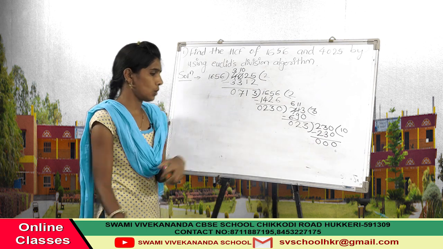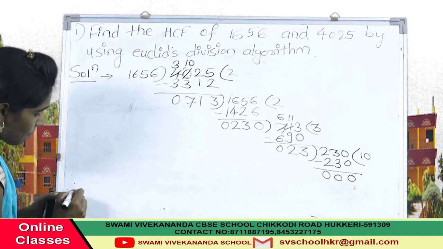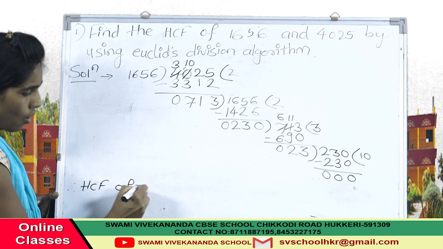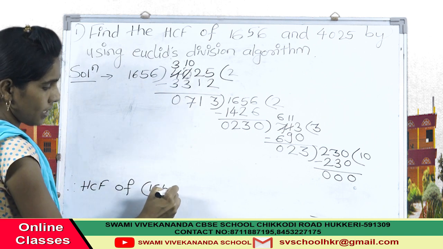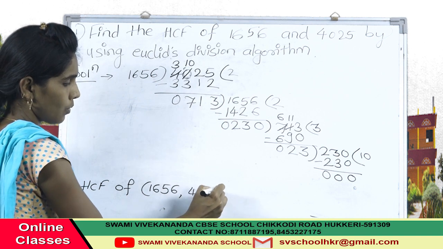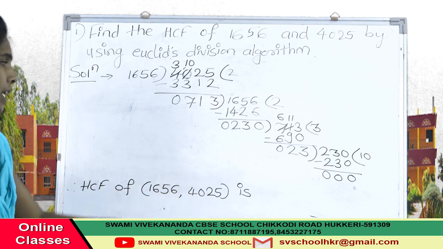Remainder is 0. Now we have to write the HCF. Hence, the HCF of 1656 and 4025 is, which divisor do we have to take here?